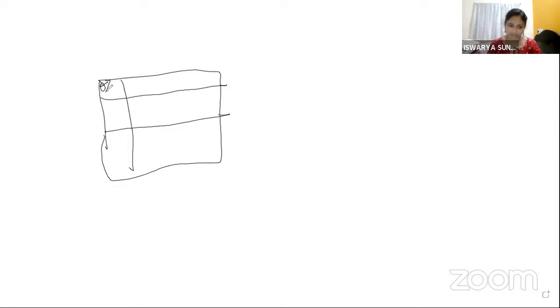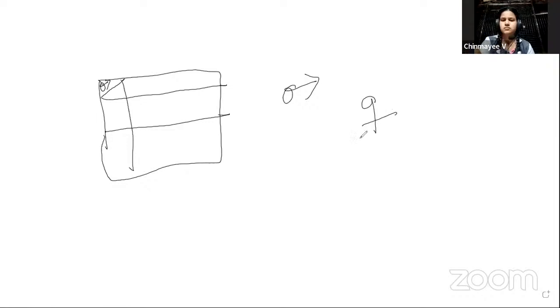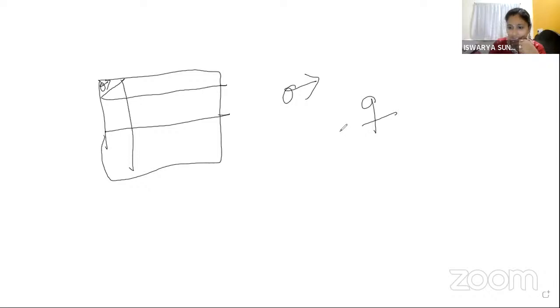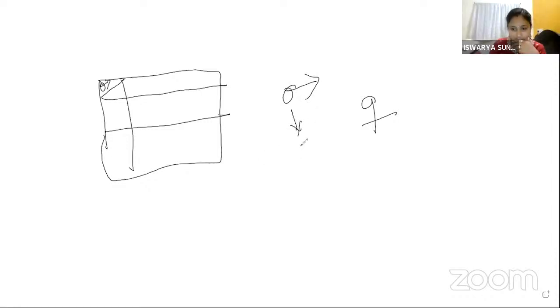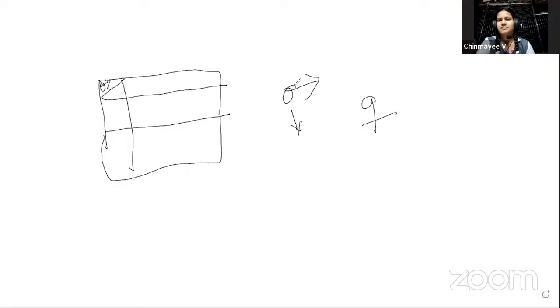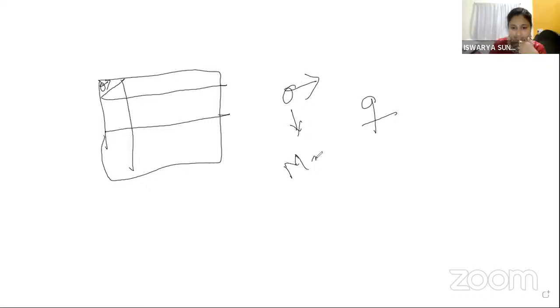Have you seen these two symbols anywhere? They represent male and female. Very good. Which represents male? This one represents male. Very good. This represents male and this represents female.